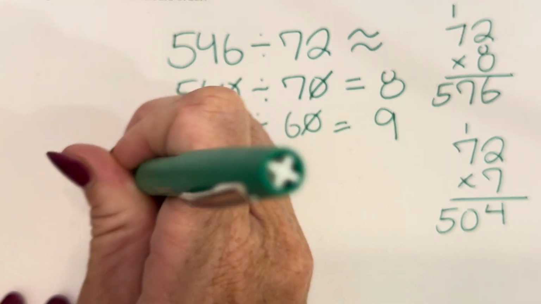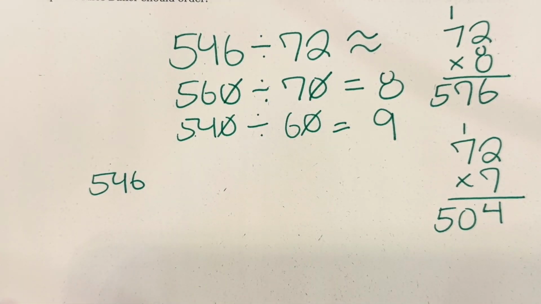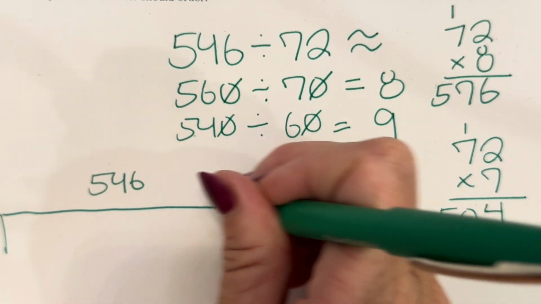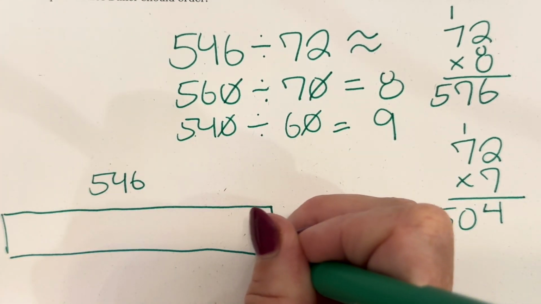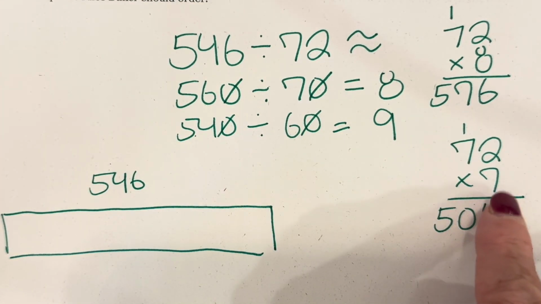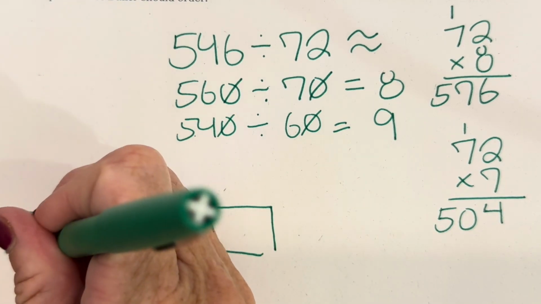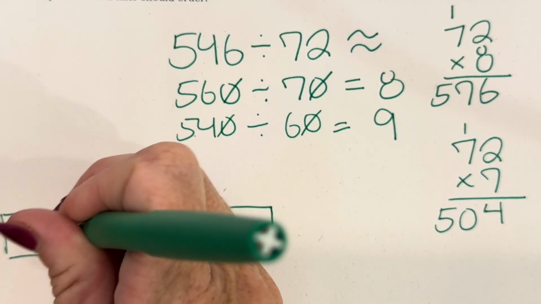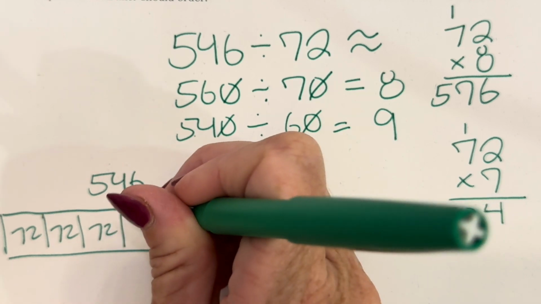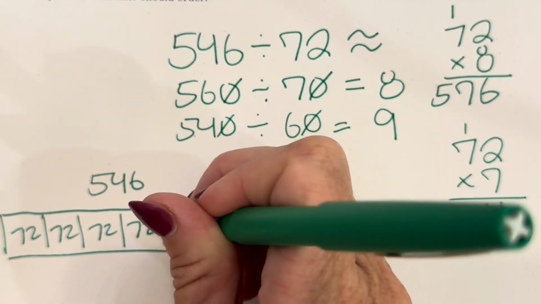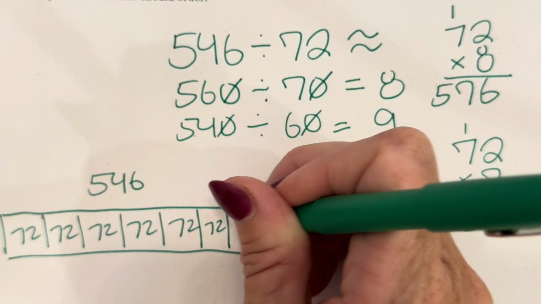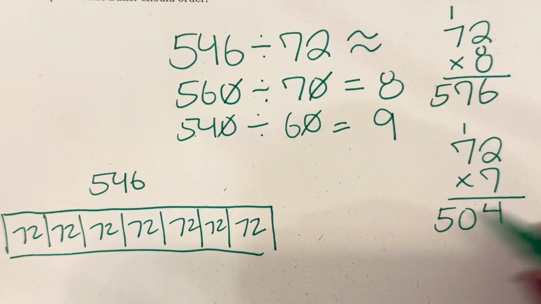So she needs 546 pencils. And we know that she can have 7 packs of 72. So 1, 2, 3, 4, 5, 6, 7. So there's my 7 packs of 72.